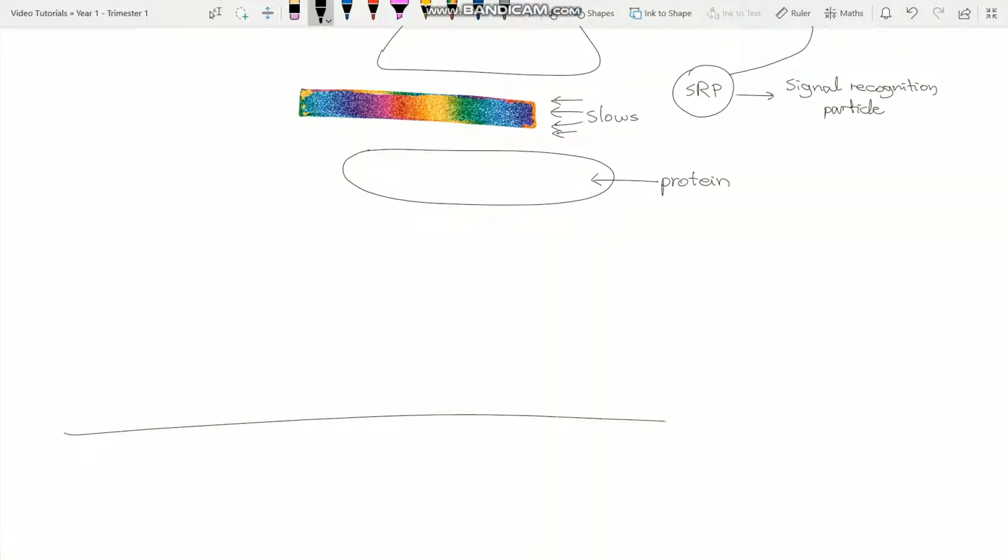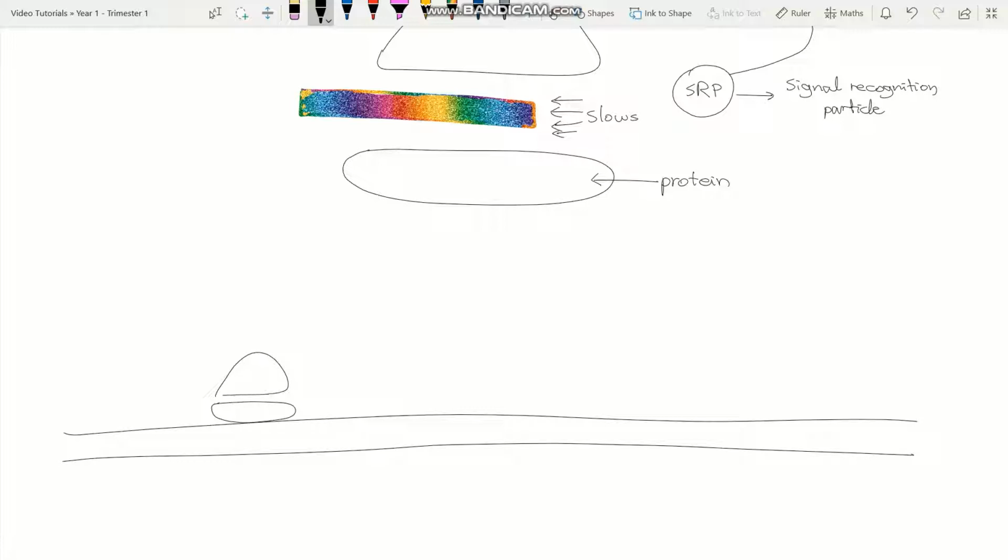Say, for example, we have the membrane of the endoplasmic reticulum here, and our ribosome is now docked onto it as so, with the mRNA chain now passing through it. The signal recognition particle, which I'll draw in a slightly enlarged manner, that is bound to the amino acid sequence, recognizes what we call a signal recognition particle receptor.